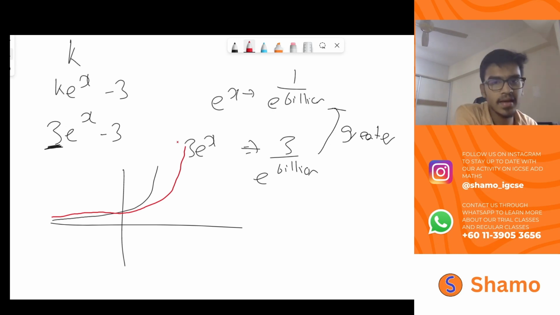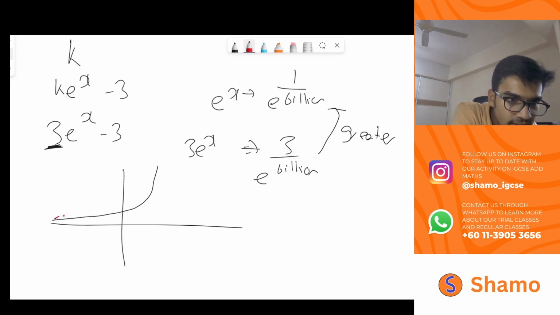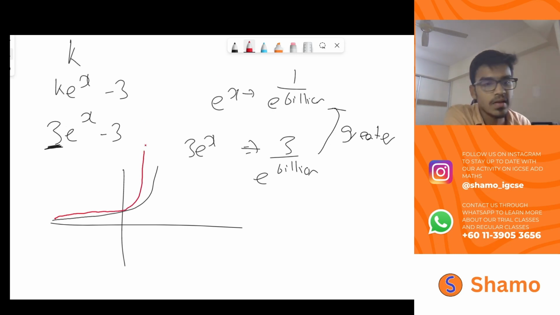It will be slightly higher. Okay, I've drawn the graph slightly wrongly. Let me correct that. So 3e power x, yes, it will be slightly higher. It will still have the intercept at the same point. Its steepness will be different, but eventually both of them will still reach 0, right? So the asymptote is not affected by this constant k.